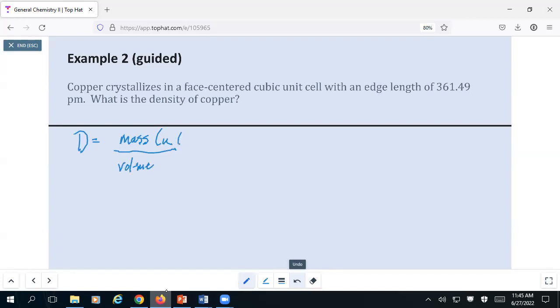Now, for the mass, presumably we're going to use grams. For the volume, we're going to use cubic centimeters, because most of the time density is given to us in grams per milliliter. Remember that milliliters and cubic centimeters are the same thing.